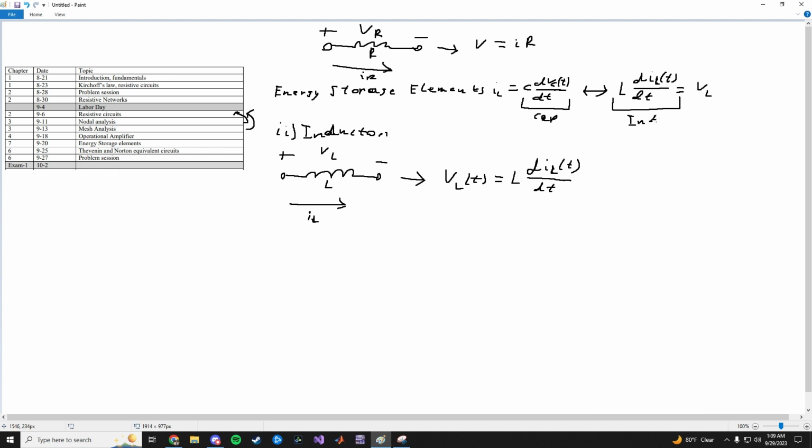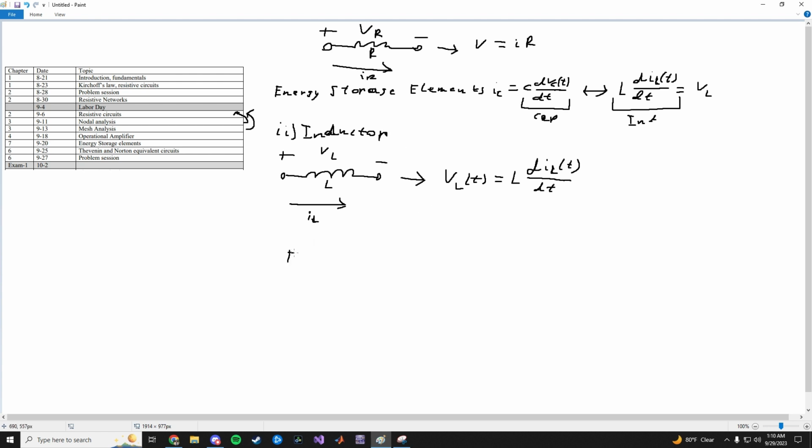They're just like reversed, almost like brothers, you know what I mean? They're related to each other. It has the same structure of equations. So for the capacitor, the change in voltage allows a current to flow, but for the inductor, the change in current induces a voltage across the inductor, which is, remember, Faraday's law.